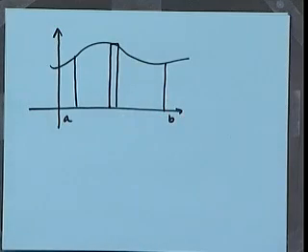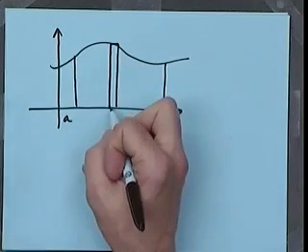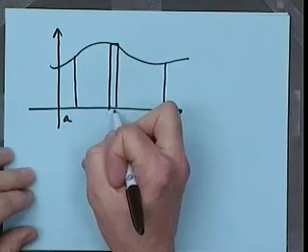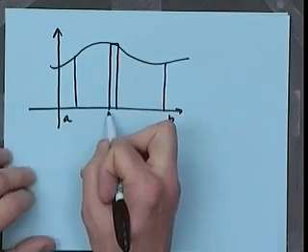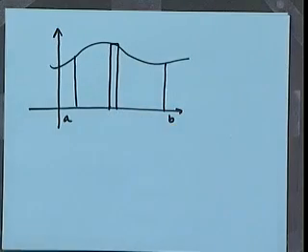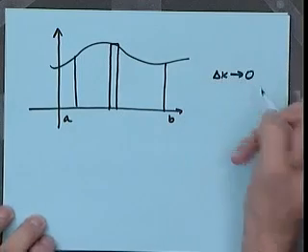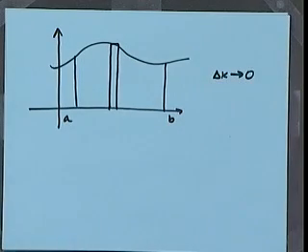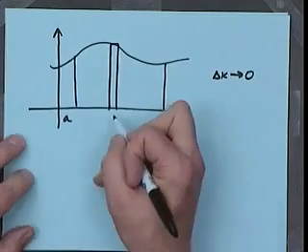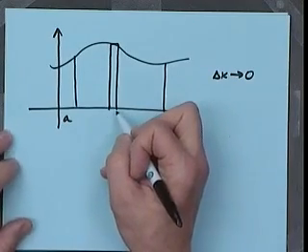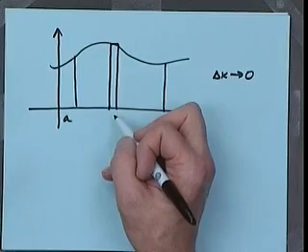The awkward thing about looking at one of the skinny little rectangles is that it's so thin that the left edge and the right edge are so close together that they're practically the same, because we want the delta x in this case to be practically 0. That way we can add them all together with integral calculus. So it's difficult to discern between the left edge and the right edge.